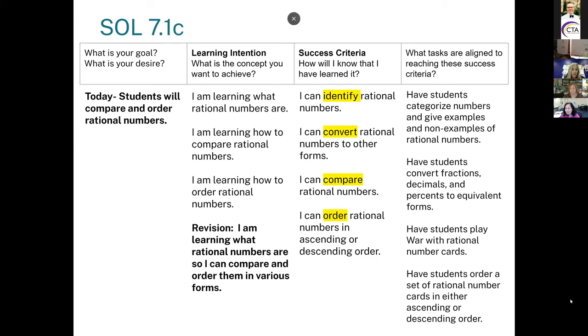So when your learning is organized and intentional, when your students know what they are doing, why they are doing it, and how they will know that they have achieved that learning goal, great things can happen in your classroom. But if we aren't specific about that, if we don't make that learning visible, our students aren't going to be as successful as they can be.